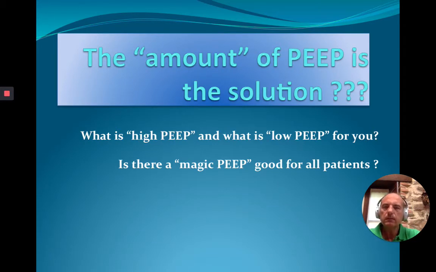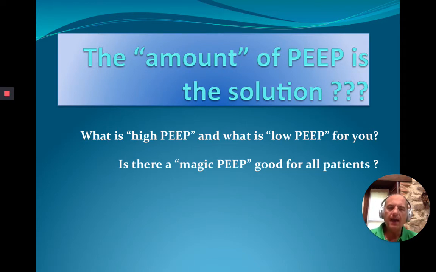Second, do you really think, from the physiological point of view, that there is a magic PEEP good for all patients? The answer can only be, obviously, no. It's impossible to stabilize all lungs with the same amount of PEEP, because the functional residual capacity and the characteristics of the lungs are totally different.